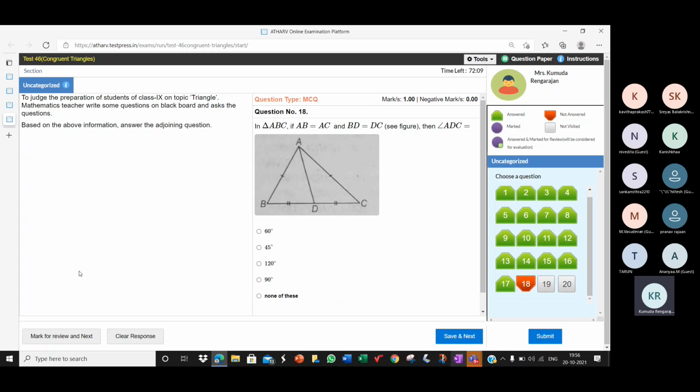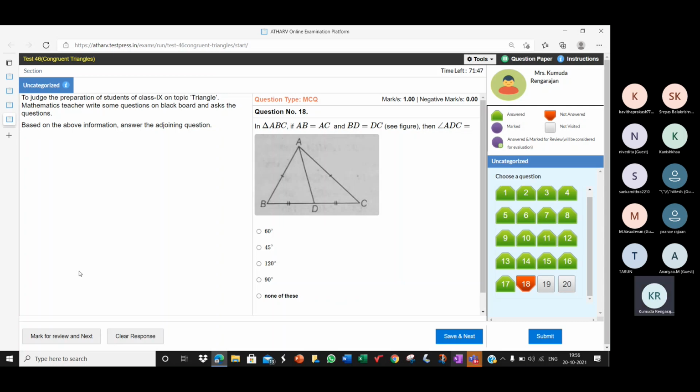Yes, children. What's the answer? Ma'am, is angle ADC equal to 90 degrees? ADC is 90. Okay. Others? What's the measure of angle ADC?